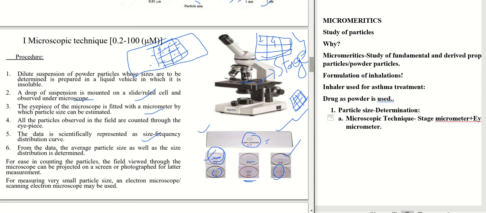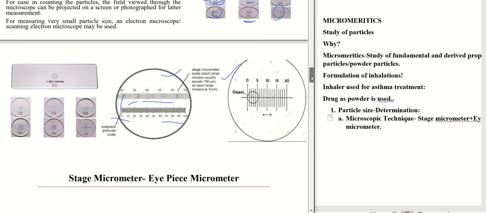From this we will be able to see the number of particles, and also we can determine the size of the particle, because from the stage micrometer, which has divisions like this, we will be able to see each division is 100 micrometers. Now this is the image of a particle or the object.